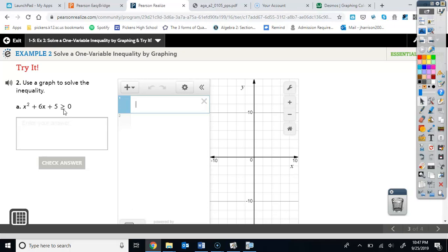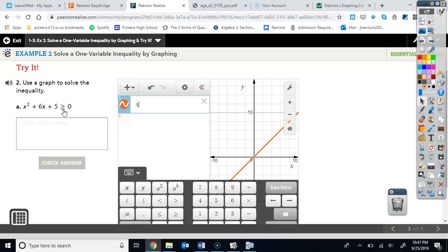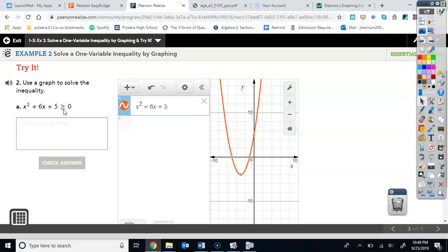So if I type in x squared, I type in x, and I go to my little menu here, and I hit squared, then I hit arrow here to go plus 6x, and then plus 5, you'll notice that this graph has some positive values, has some negative values like we talked about, and then it also has intercepts.